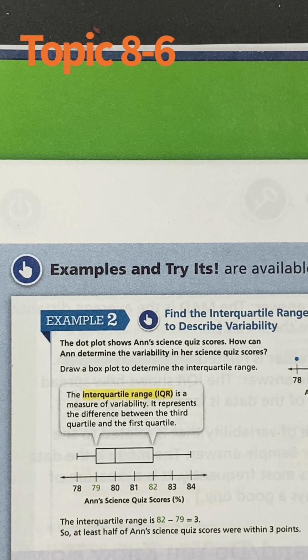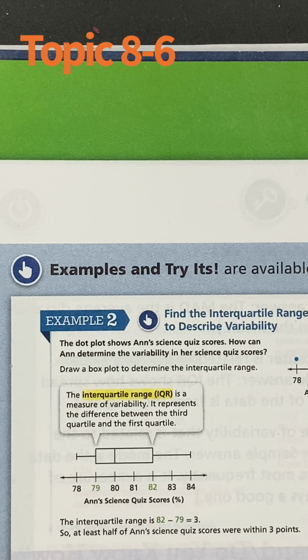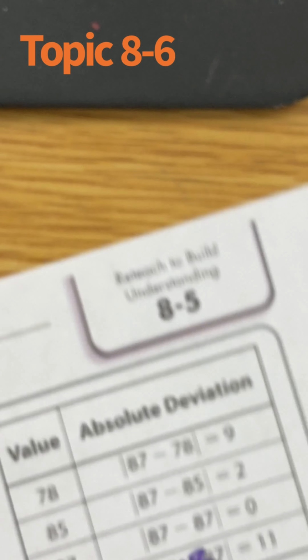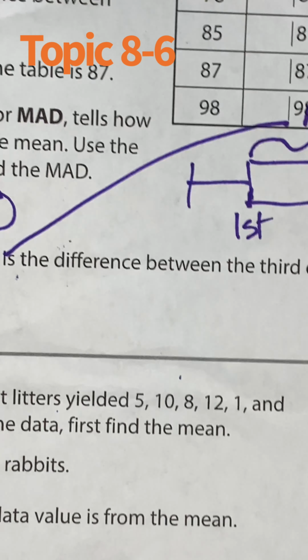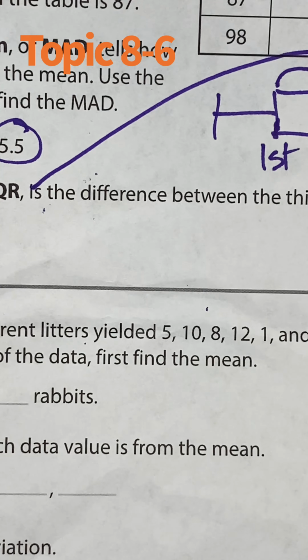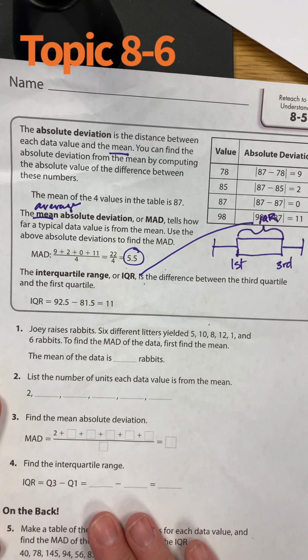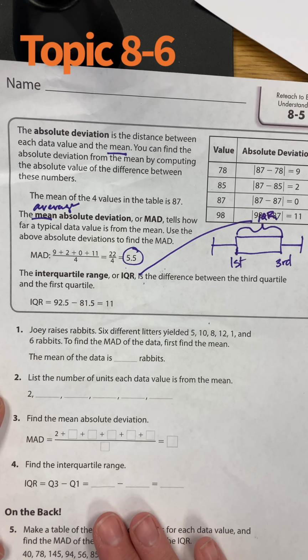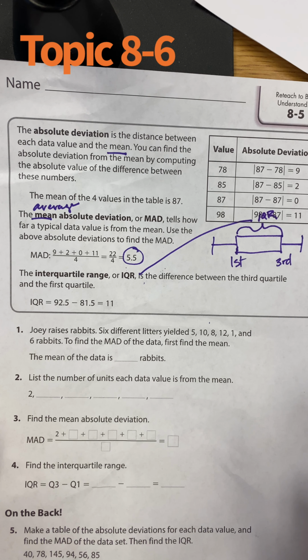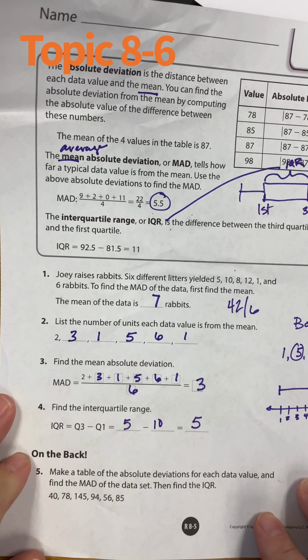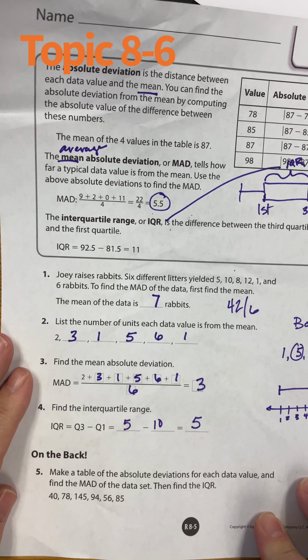Okay, so I would like you, since you have this for your book, let's pause and let's go through the first couple ones here. Okay? Okay, let's look at these notes here.